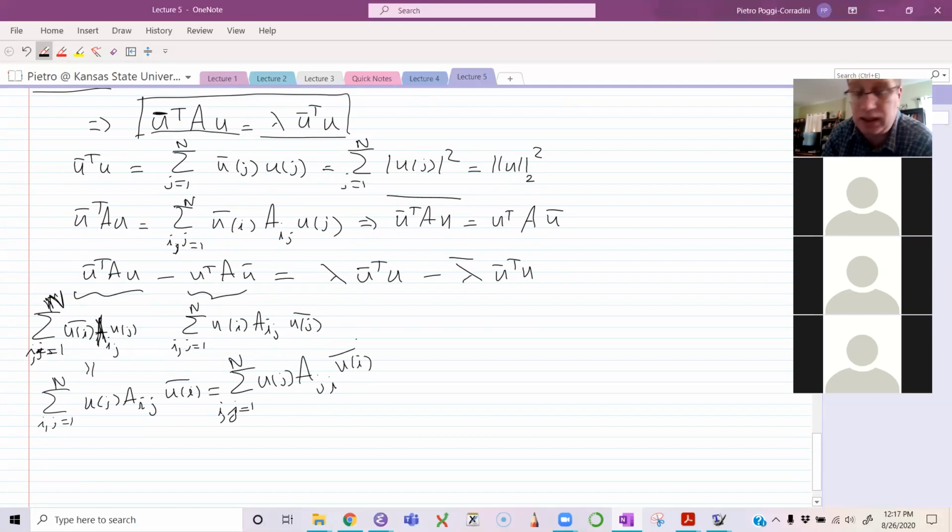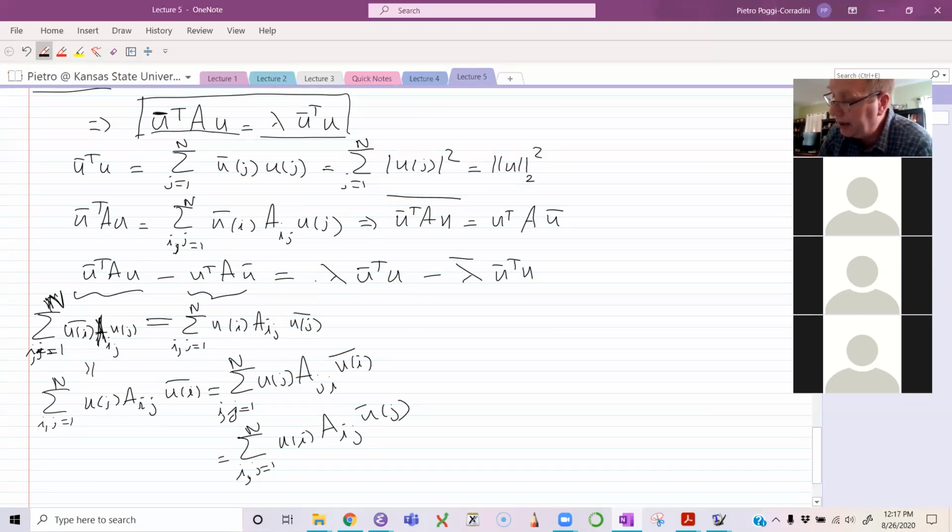And then, because these are dummy variables, I can switch the dummy variables. So these two things are the same. When I subtract, I get 0.